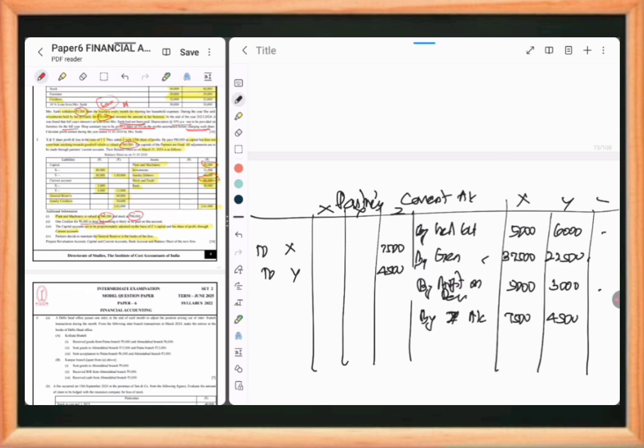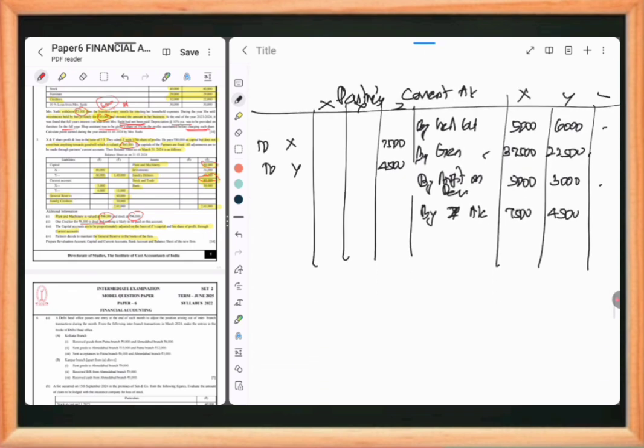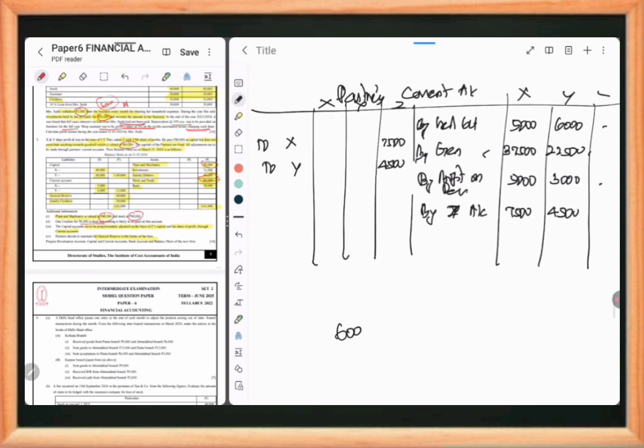The firm decided to maintain reserves and surplus. How much general reserve? That is 60,000 rupees. It should be retained in the balance sheet. That means how much? 60,000 rupees. So all the partners, including the new partner, according to the new profit sharing ratio, they should bring it in.